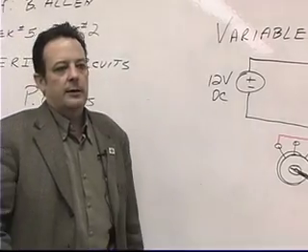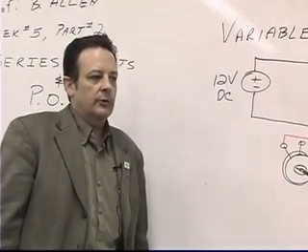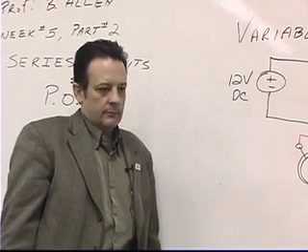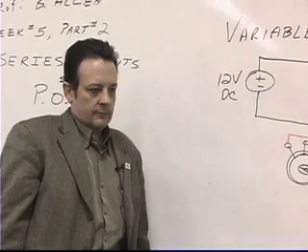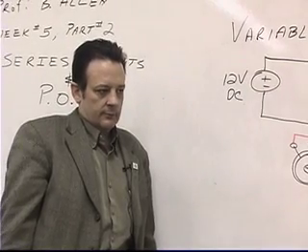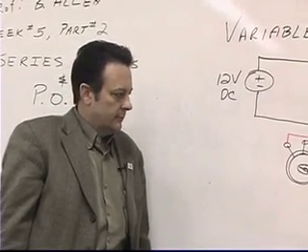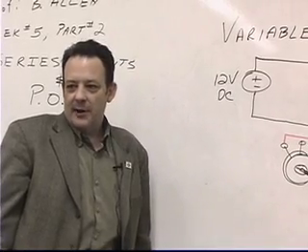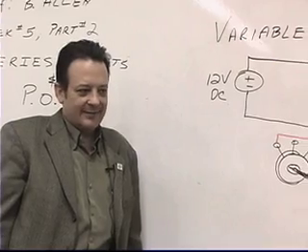Does anybody have any idea what value of resistance you're going to get? 0 ohms. Oh, short circuit? It's a short. No. Well, I'm asking. Everybody thinks 0 ohms? Yes. Okay.